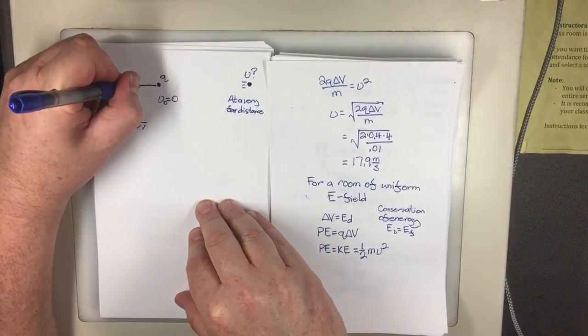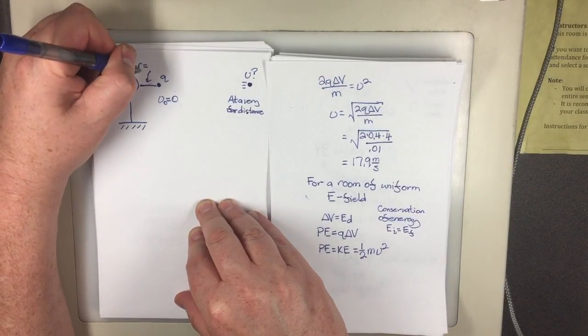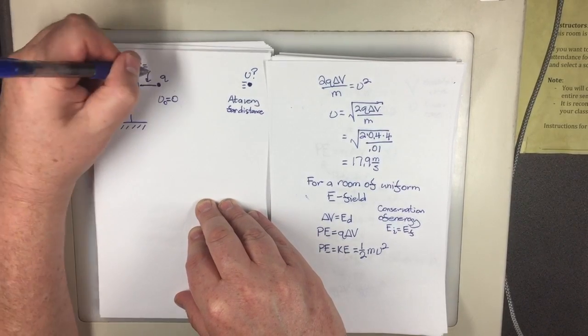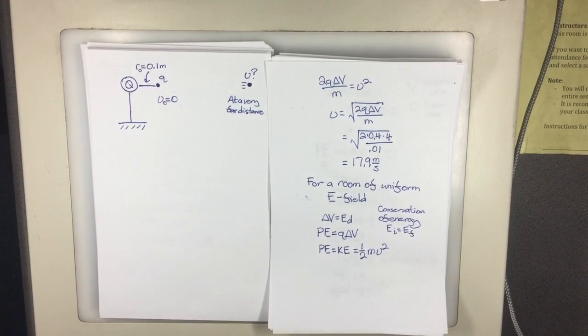The initial distance, we can just say R naught, is 0.1 meters.